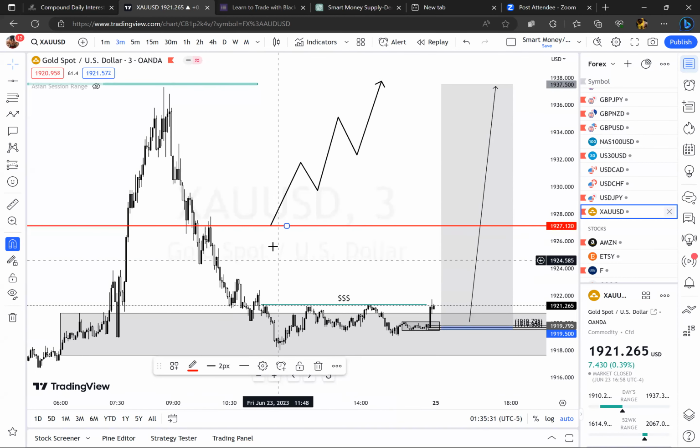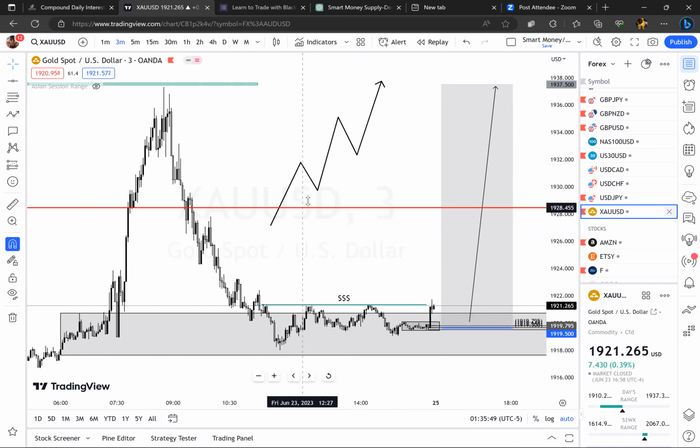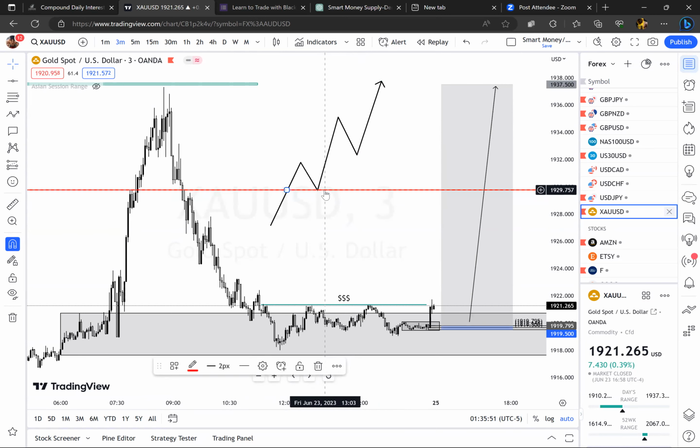All right. Stop loss is down here. Price go up, come down. Go up, break this high, boom, move my stop loss to entry. All right. Price go up, go down, break this high, boom, move my stop loss to this low.